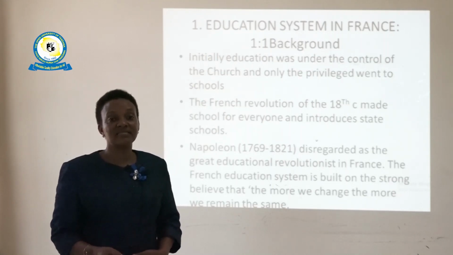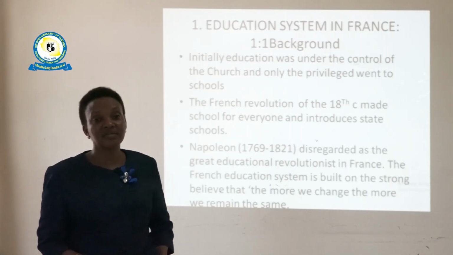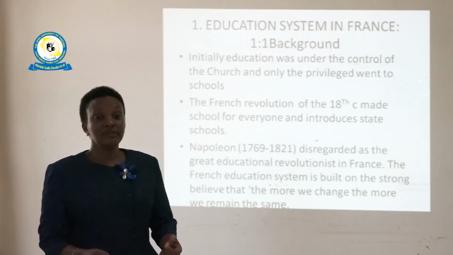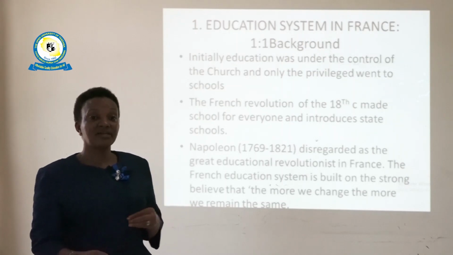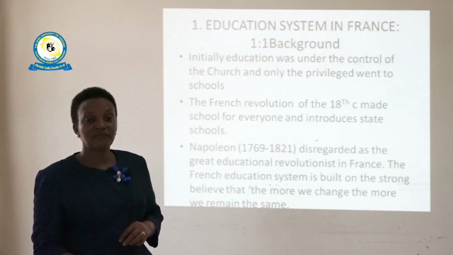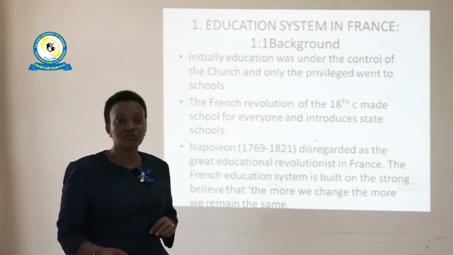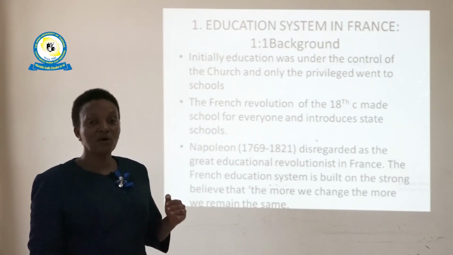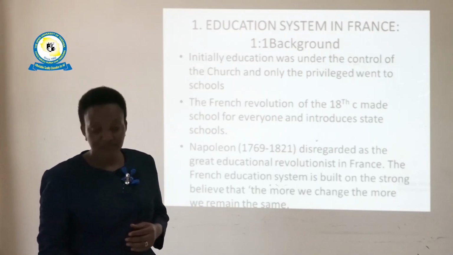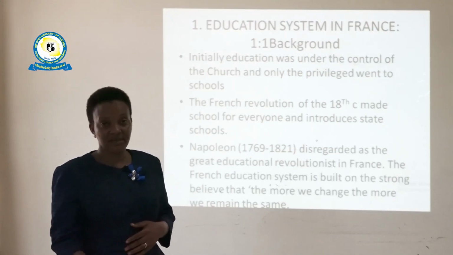After that, in 1769 to 1821, Napoleon is regarded as the great educational revolutionist in France. The French education system is built on the strong belief that the more we change, the more we remain the same.